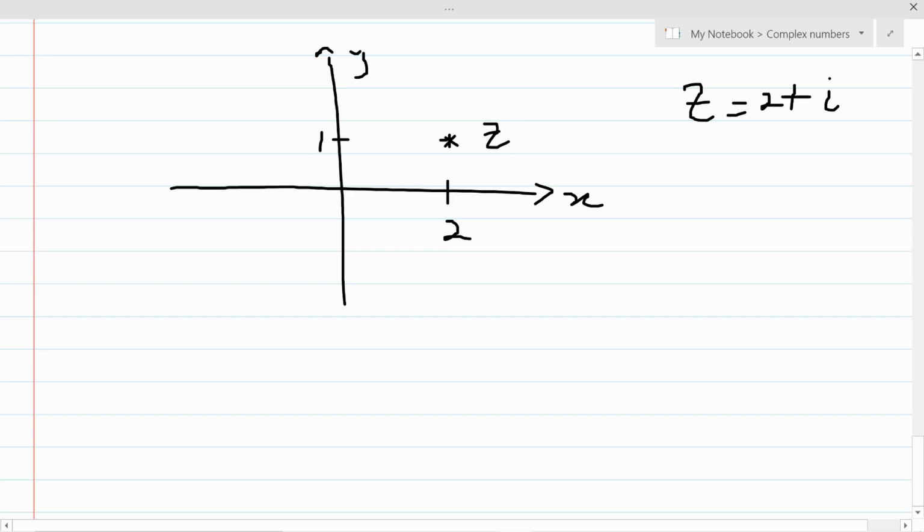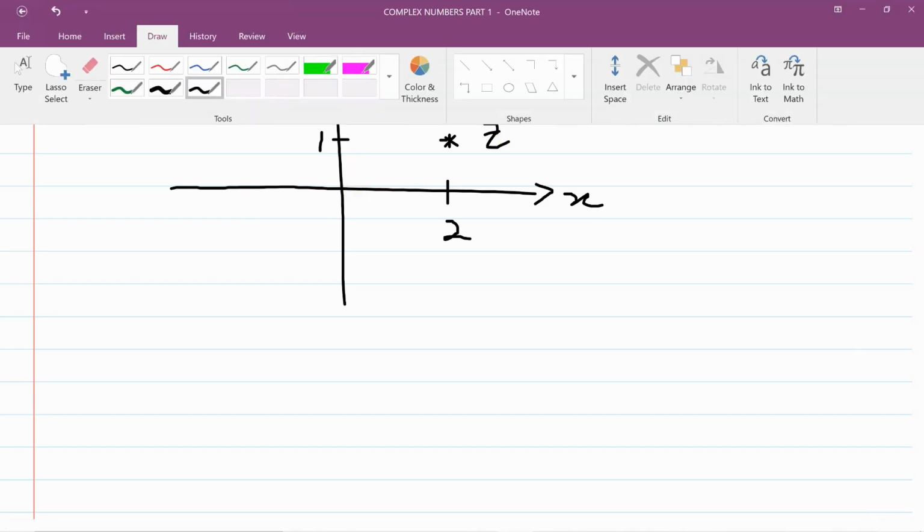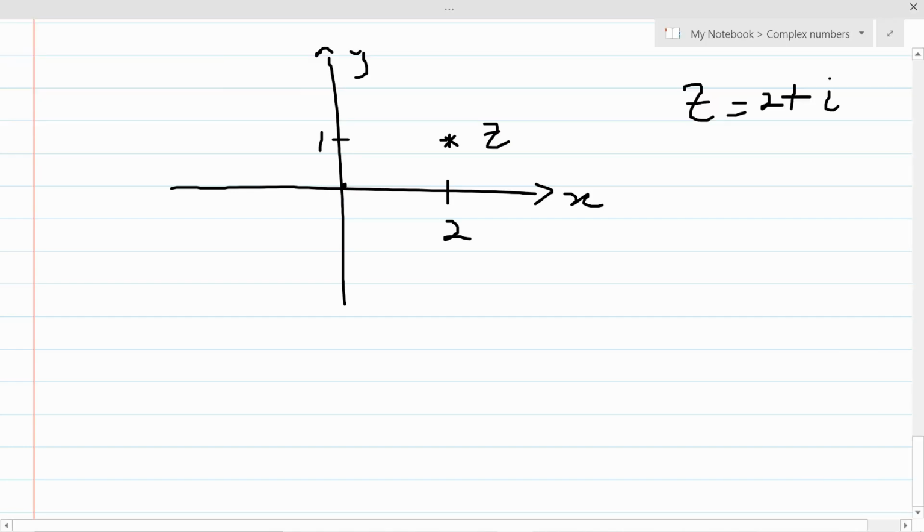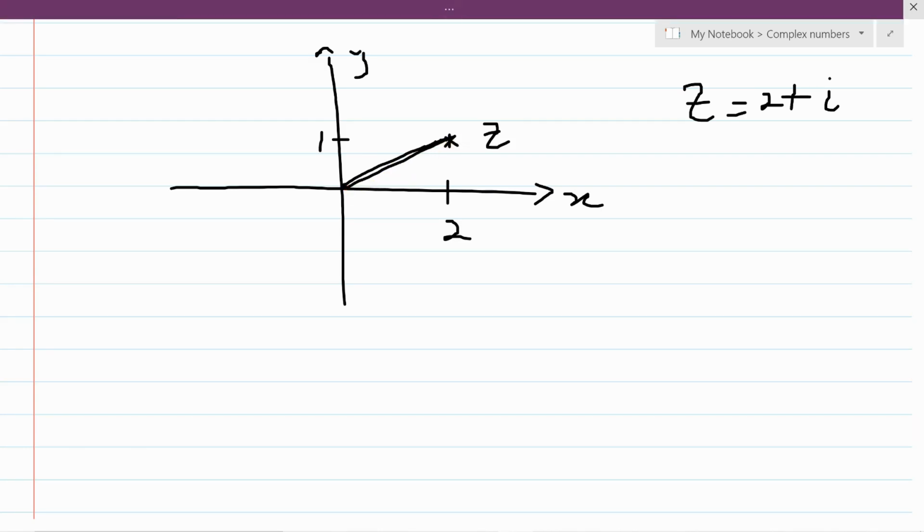If you want to know the length of this complex number z, then from normal Cartesian coordinates, what we know is that the actual length is the distance from the origin to the complex number. So we just move to the origin like this. You can see that there is a Pythagoras triangle here, if this line is straight.